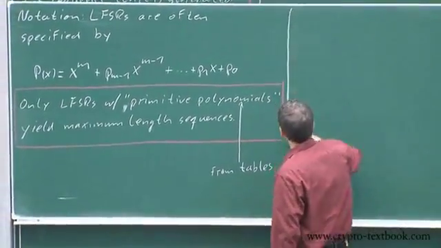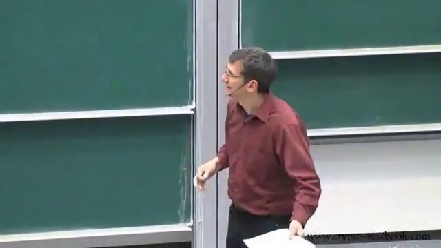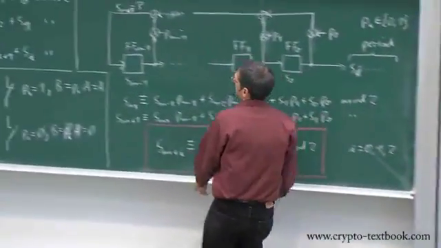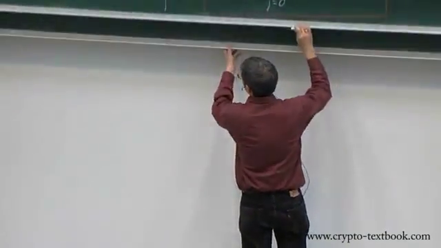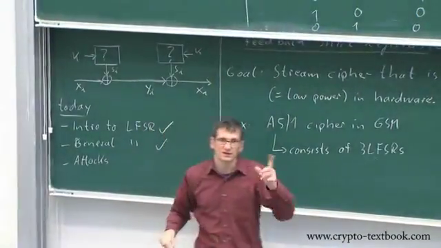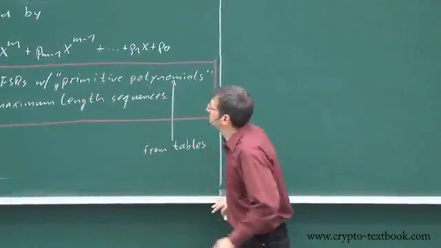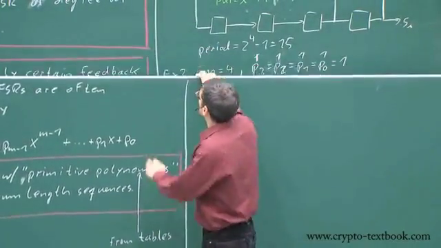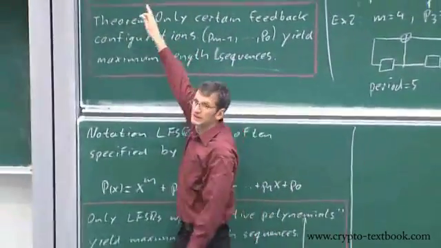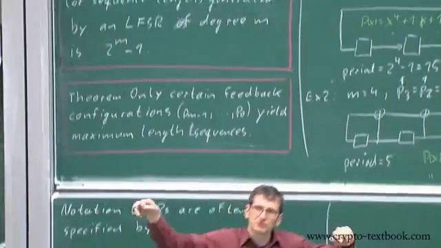Which brings us to the last part of the lecture. Oh yeah, one important thing here: this is a very powerful statement. The length you can generate is 2 to the m minus 1.